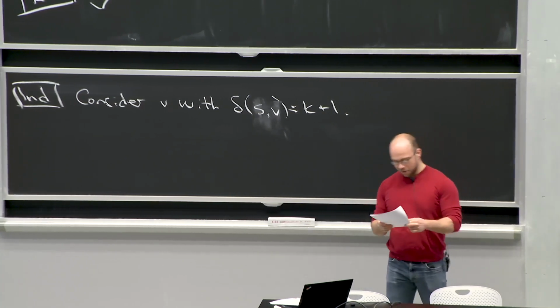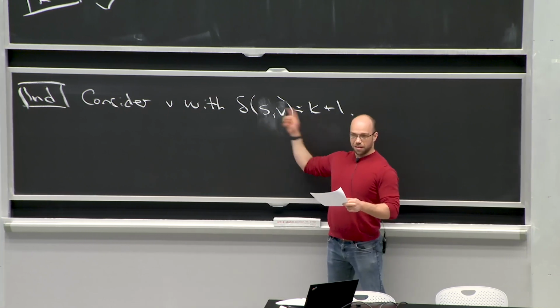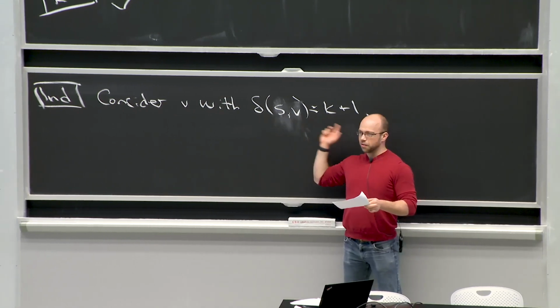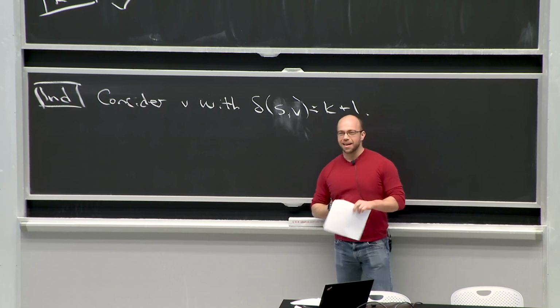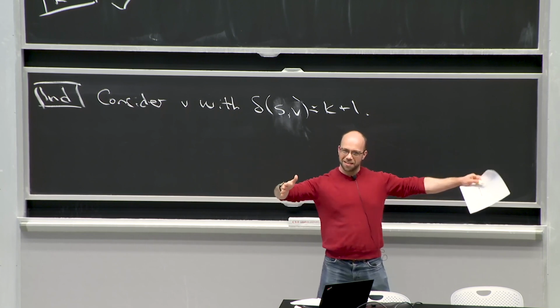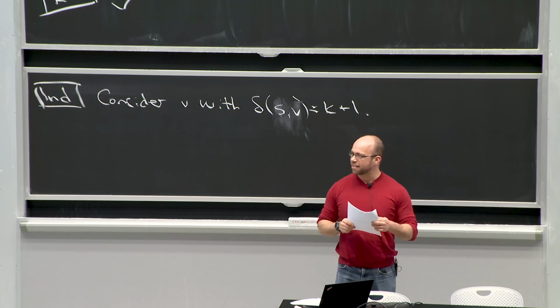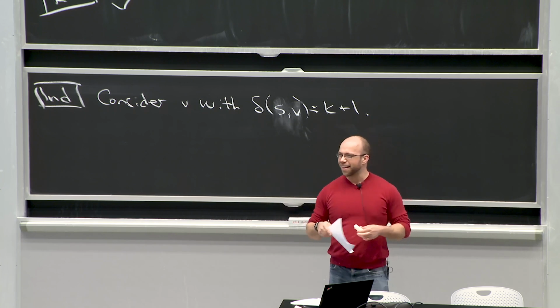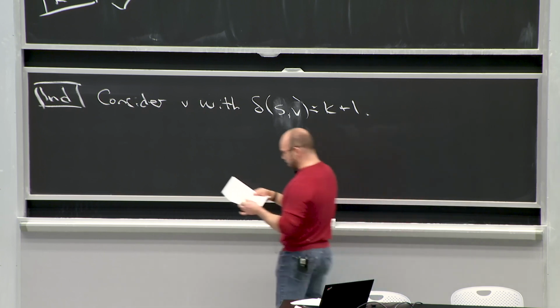Okay, so now what can we do? Well, there's this distance here, so in particular, there's some shortest path from S to V. Remember our argument last time, that when we look at a shortest path and we truncate by 1, it's still a shortest path. That property doesn't matter so much here, but at least we know that there's another vertex on the path which is a distance 1 less away.